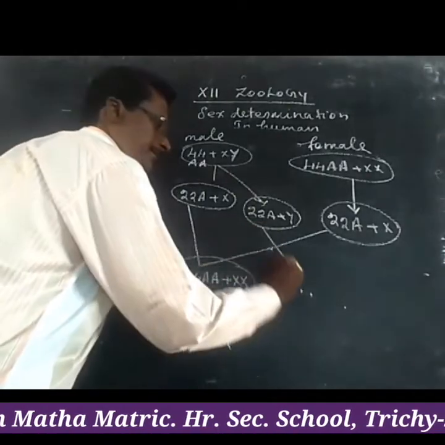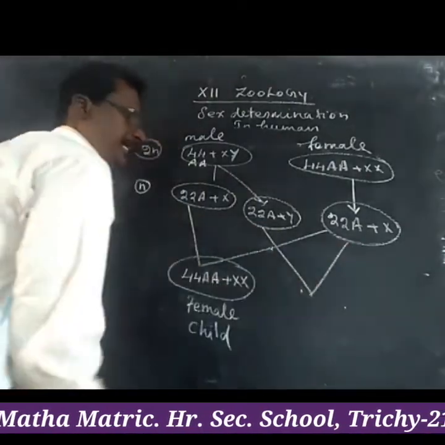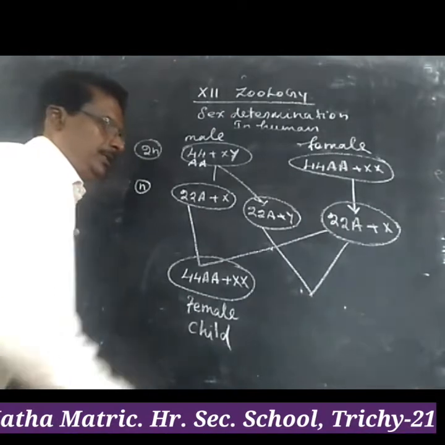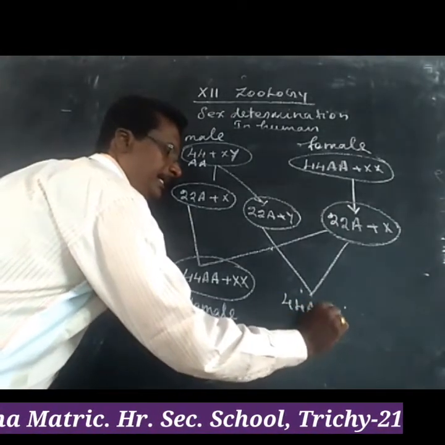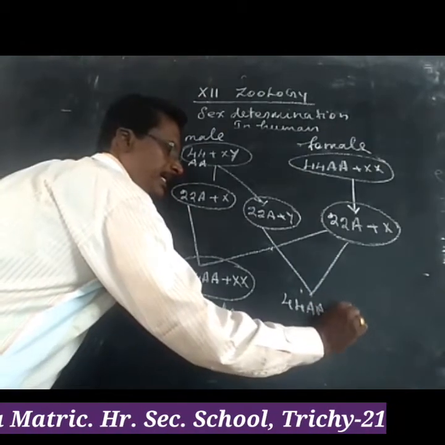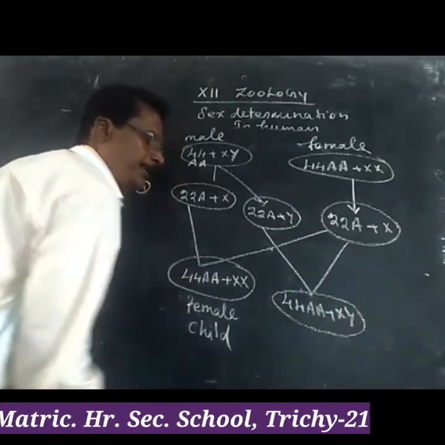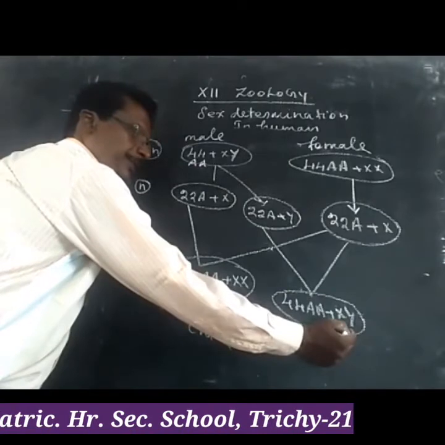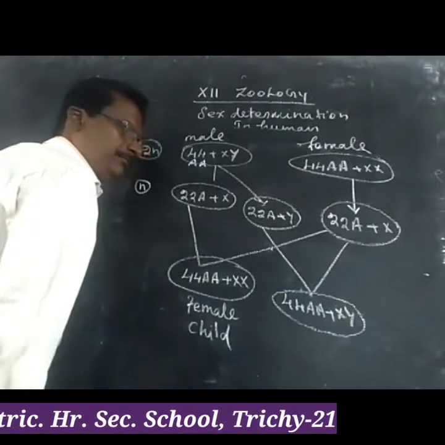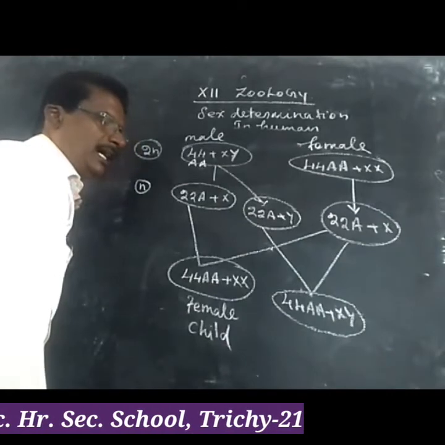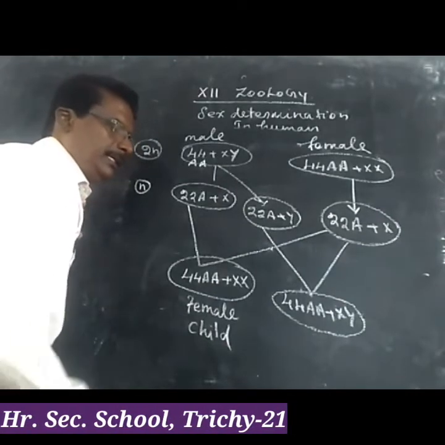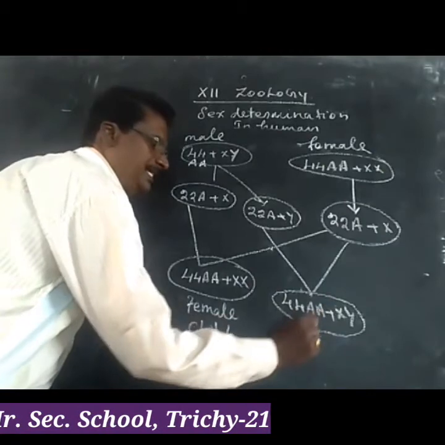When this sperm cell is fused with the egg cell, we get 44 AA plus XY chromosomes. Here the 23rd pair is different, so it is called a male child.